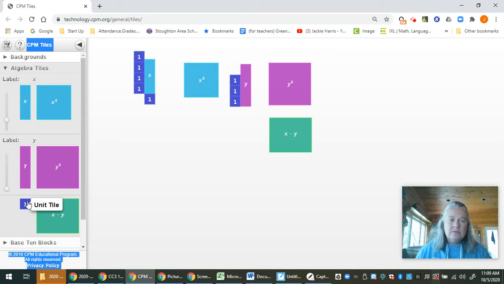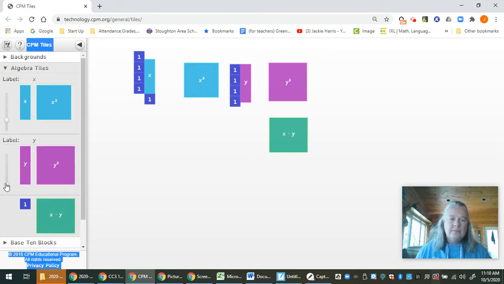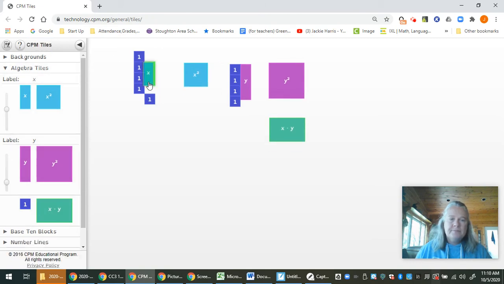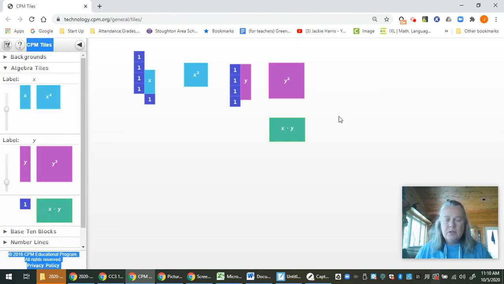If we do that with our Y tile, they design it so that they don't line up perfectly. So this length of the Y tile and the length of the X tile end up being unknown values, and that's what a variable represents, is something that we're not sure of its value.